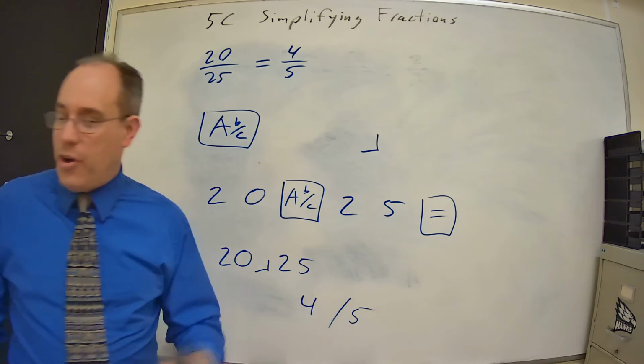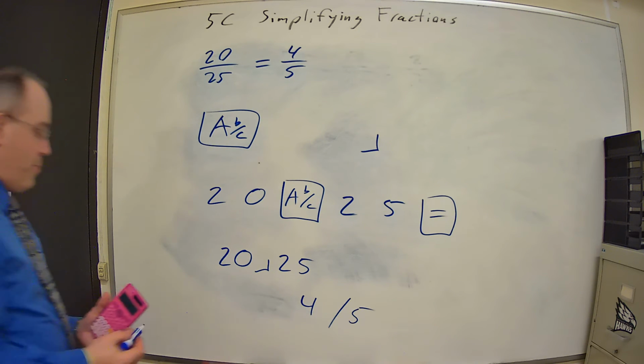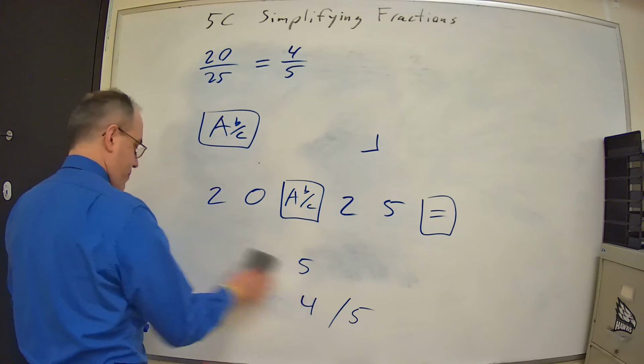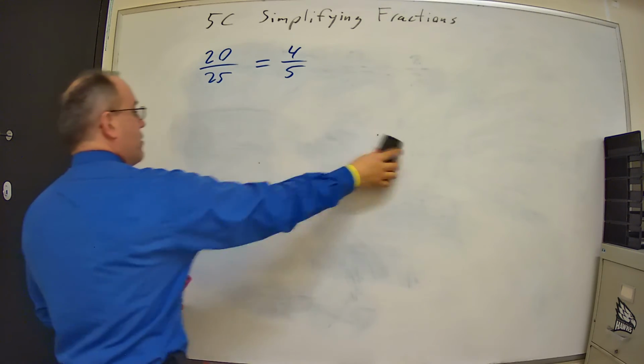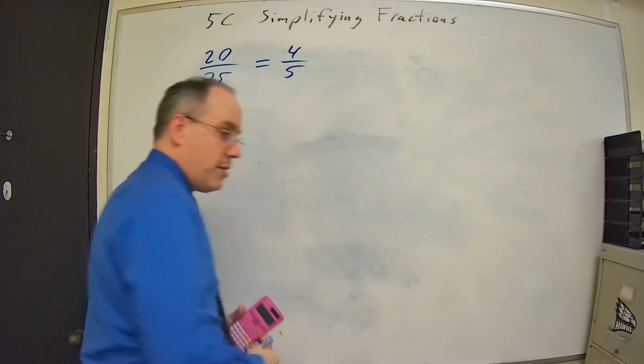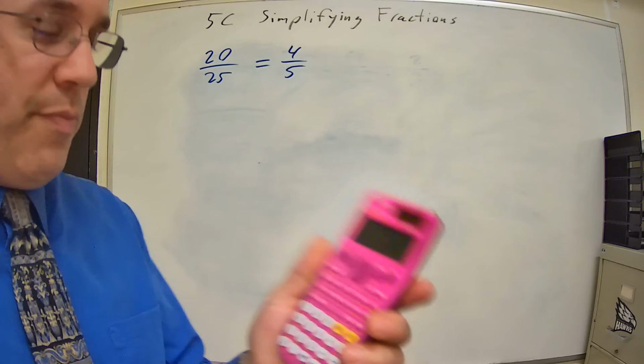Now, I know you don't all use the same calculator, so let me pull up another type of calculator here. This one's just a little more colorful, right? So this is a Casio.